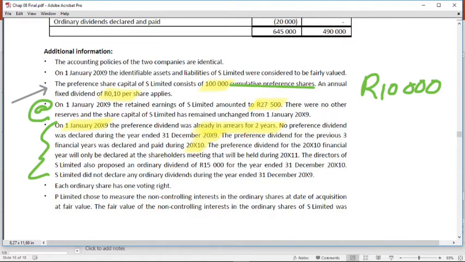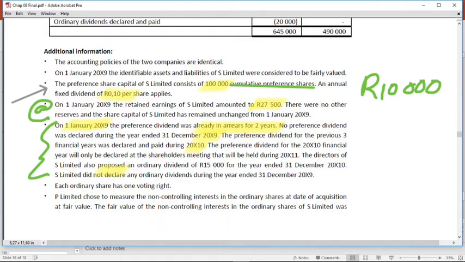The directors of S Limited also proposed an ordinary dividend of 15,000 Rand for the year ended 31 December X10, but it's only proposed. That's why there's no amount for the ordinary dividend in the trial balance yet.